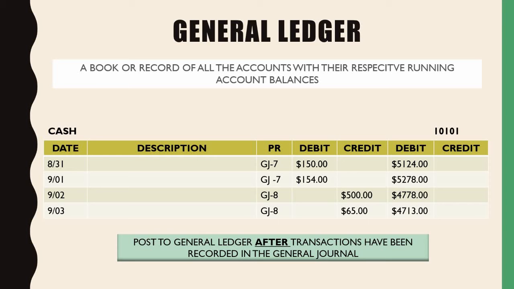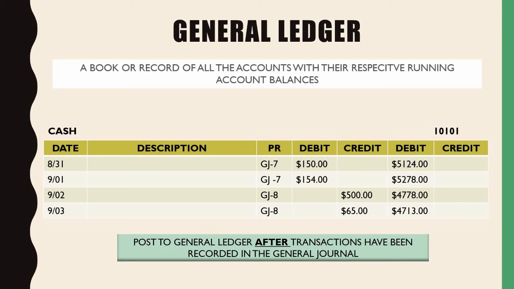Now let's take a look at what the general ledger looks like. It looks identical to a journal. Okay? And the only difference is you have two extra columns that allow you to see your running balance.